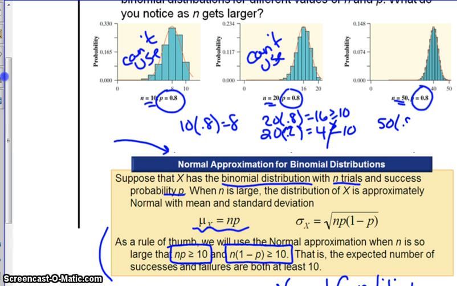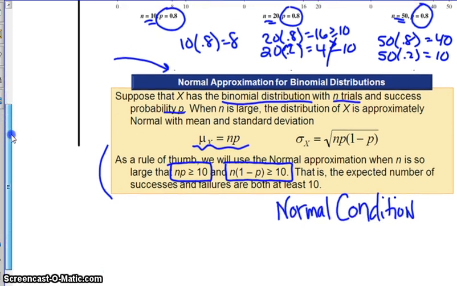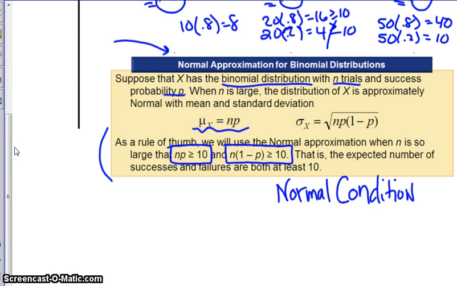Okay. Now, 50 times 0.8 is 40. 50 times 0.2 is 10. I could use it there. So this is what we'll talk about as my normal condition. Okay, so in other words, another way they talk about it is your expected number of successes and failures needs to be at least 10.